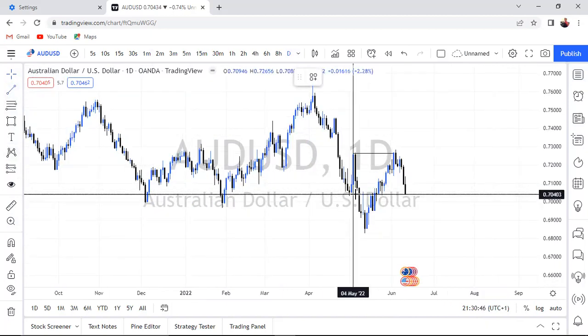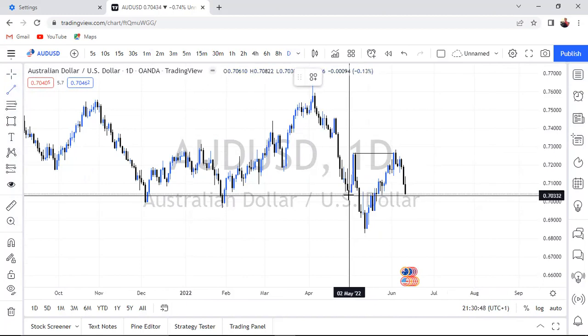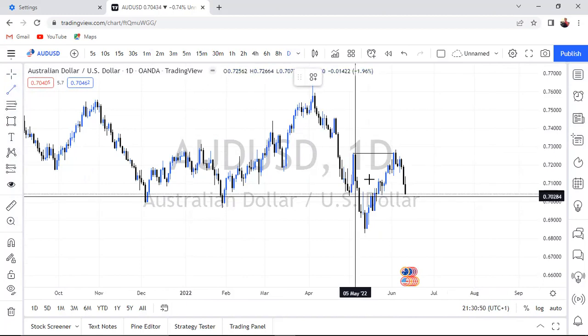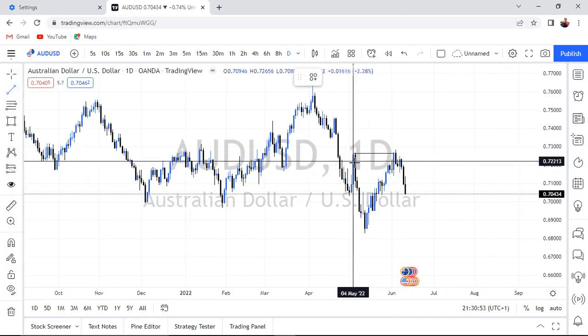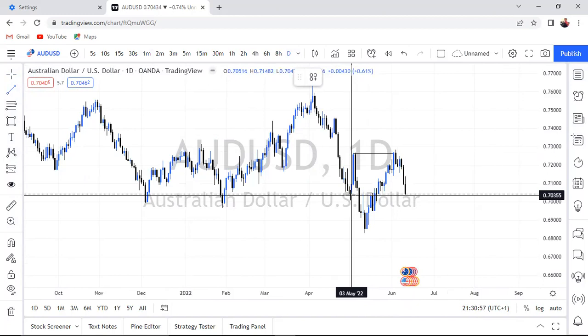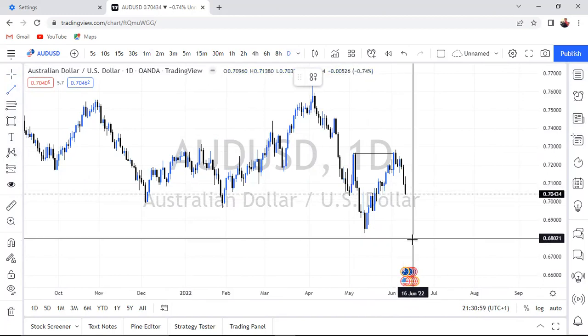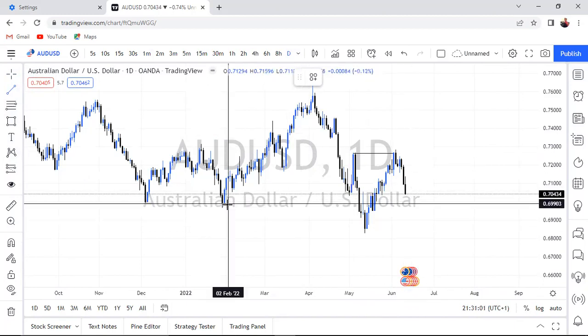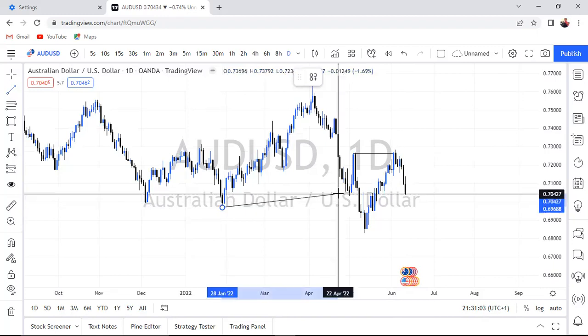Though this is a break of structure here. Are you getting it? Yeah. This is a break of structure here. So this might be the retest of this other block that broke this structure. So we might see it continuing down. That's one. I saw this too.